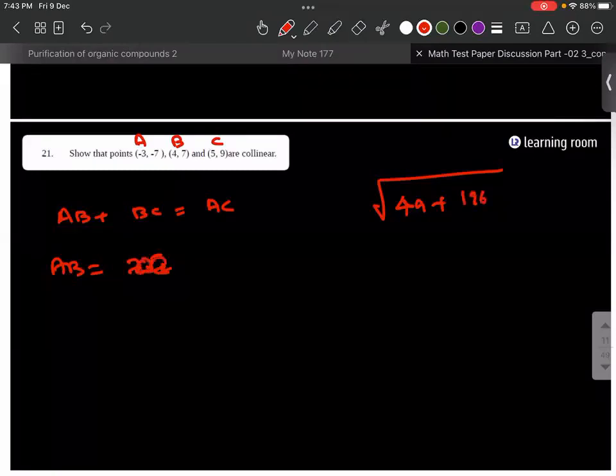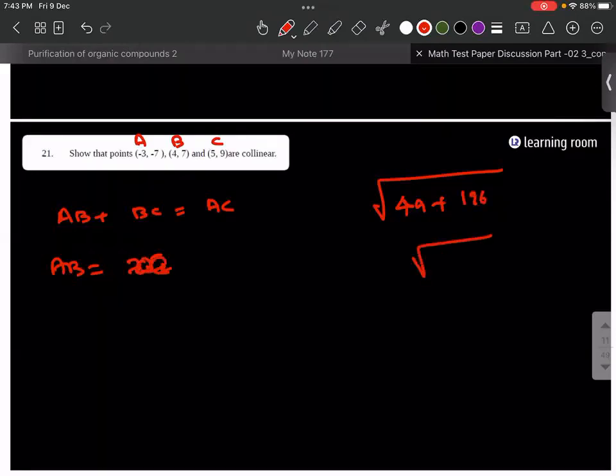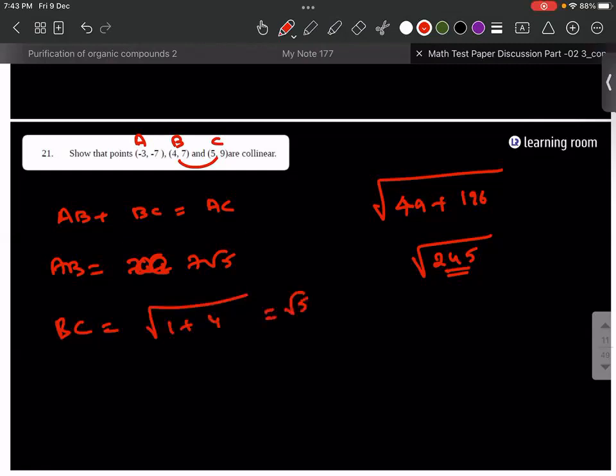Sorry, square root of 245, which is 7 root 5. Similarly, BC is 1 plus 4, root 5. Then what about AC? 8 root 5.